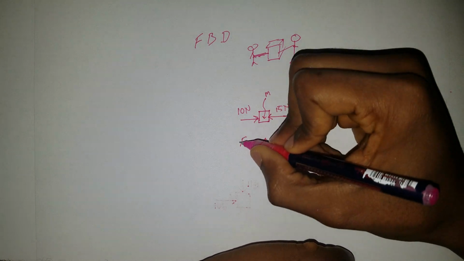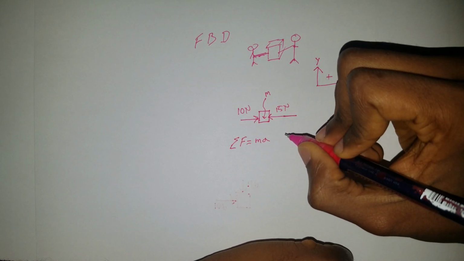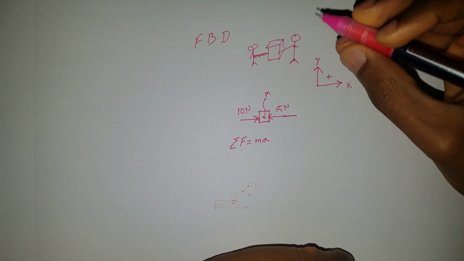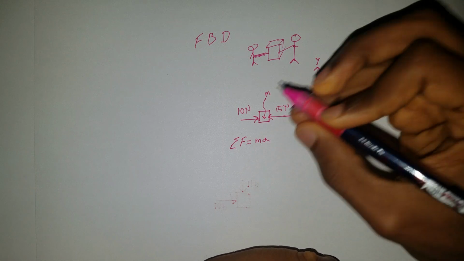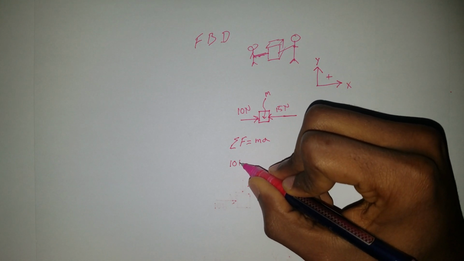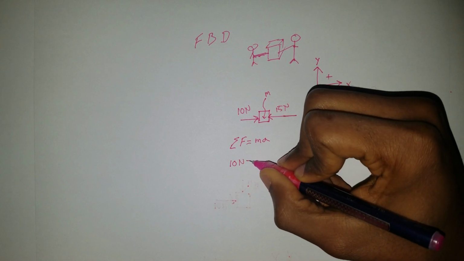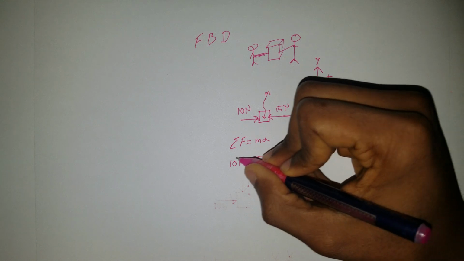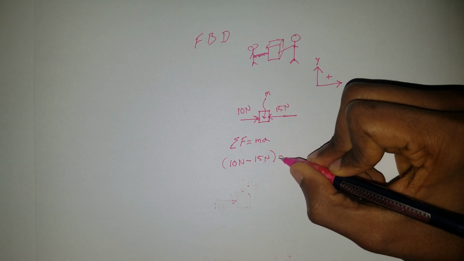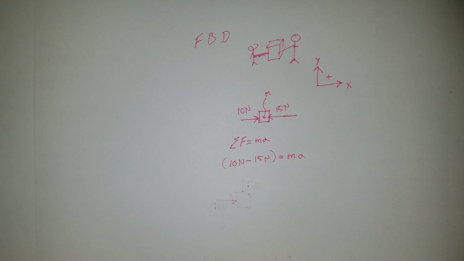So, what I should have said is sum of forces equals mass times acceleration. So, let's add up the forces. So we have 10 newtons going in the positive x direction, minus 15 newtons is equal to mass times acceleration.